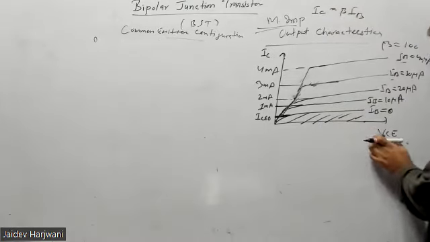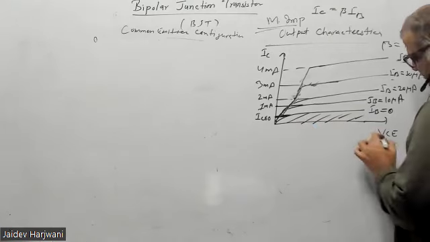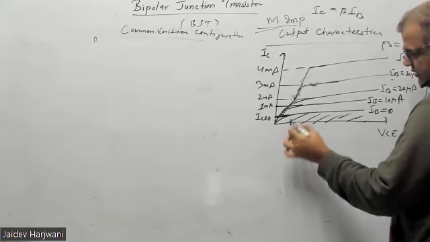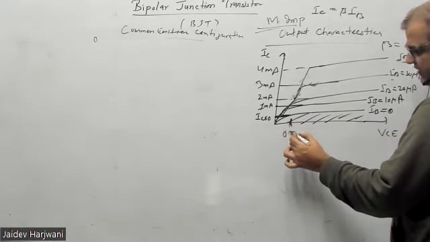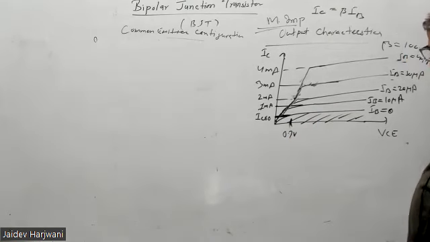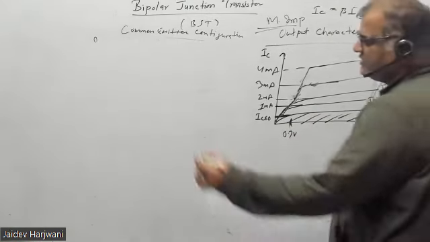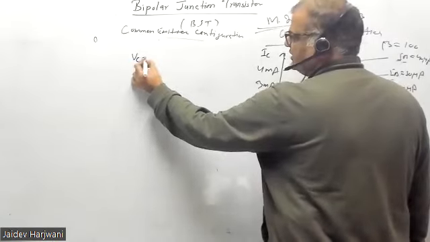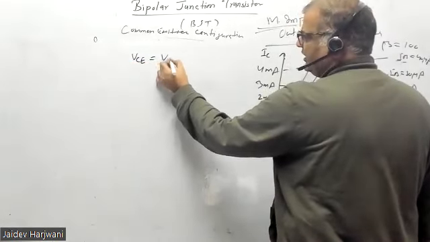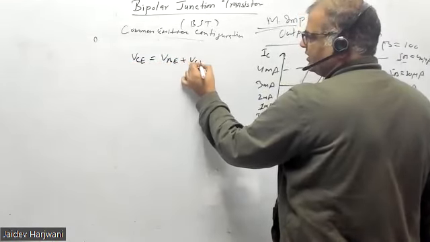For the active region, VC minimum value should be 0.7 volt, whatever silicon value is given, because your VC is VB plus VCB.